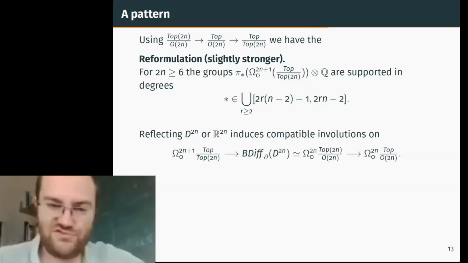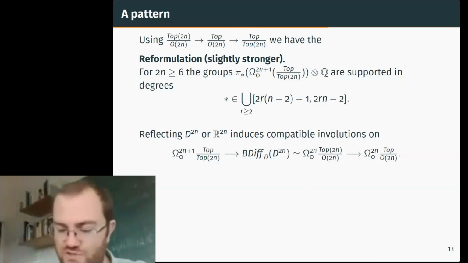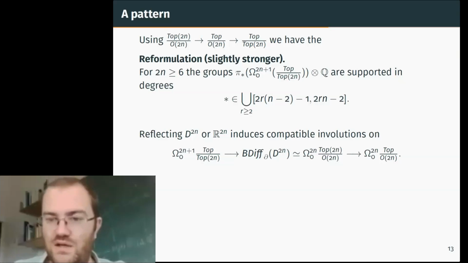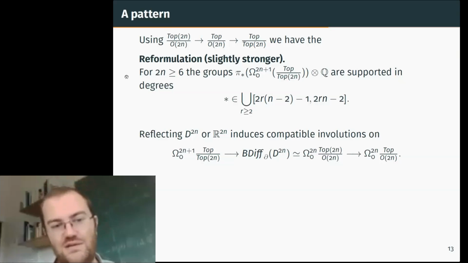And there's one more bit of structure that I didn't mention on the chart, which was that the bands had alternating colors, orange and blue. That comes from the fact that I'm talking about diffeomorphisms of a disk fixing the boundary, but that has an outer automorphism by conjugating by a reflection of the disk. So the reflection of the disk doesn't fix the boundary, but if I conjugate by something that does fix the boundary by it, the result fixes the boundary as well.